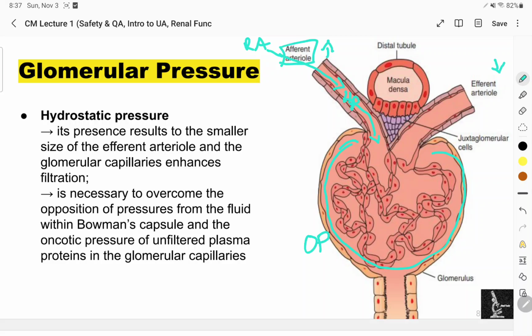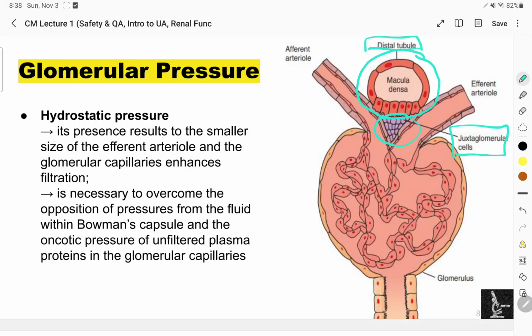Ang ato ang kidneys as what I've told you, amazing kay siya kay although dili niya kaya nga makuwangan ang blood supply sa iya, but naa siya system nga ginagamit. So aside from hydrostatic pressure, kung makita ninyo dinhi naa tay macula densa and then ubos niya is juxtaglomerular cells.